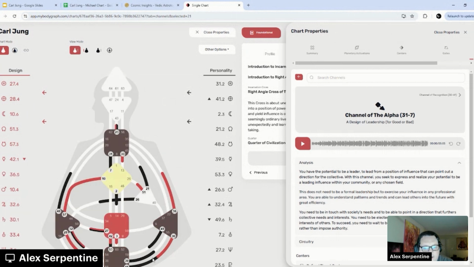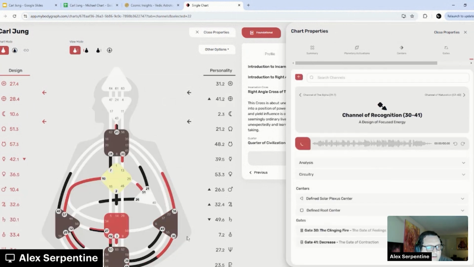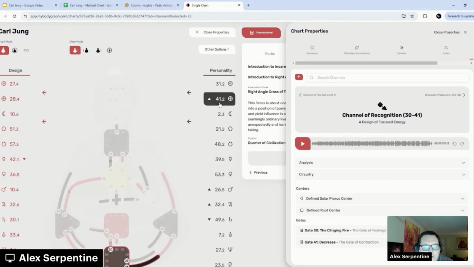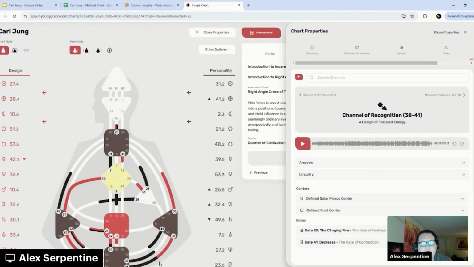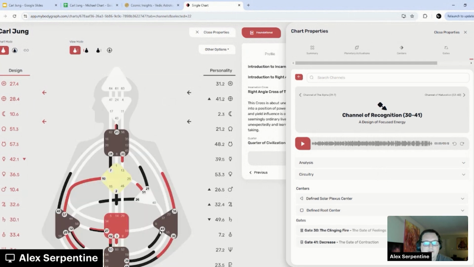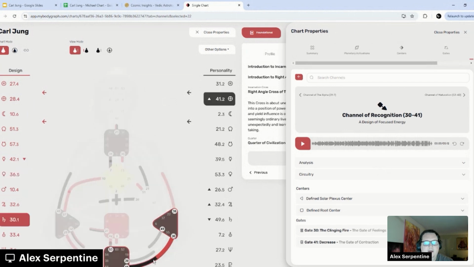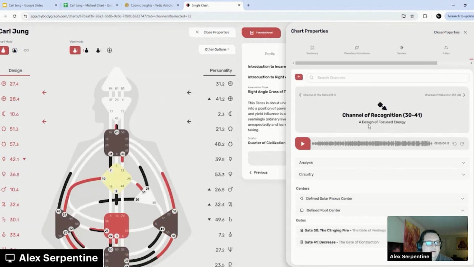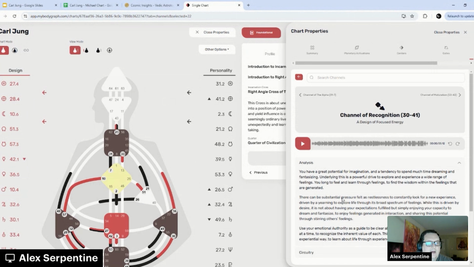And then the 41 down here is one of the things in his incarnation cross. The 41 is connected to 30, which connects the root to the emotion center. And this channel is called the channel of recognition, but it has a lot to do with imagination, fantasizing, dreaming, exploring deep emotions and feelings.